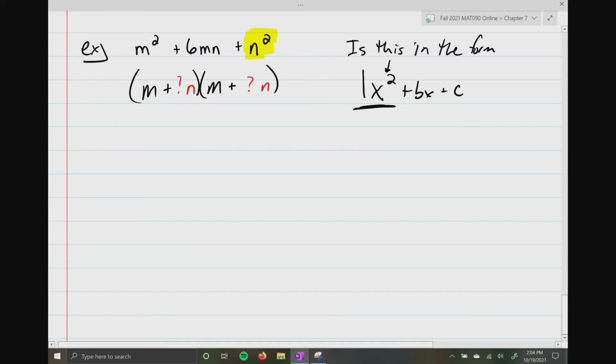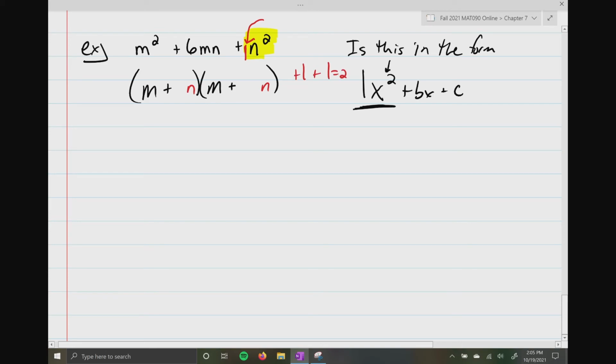So the only thing that we have to do is check ourselves. Notice that's going to be a number 1. So I'm going to write out the factors of 1. And the factors of 1 are just 1 times 1. That's it. Now, the question becomes, since both of these are positive, does it equal 6?